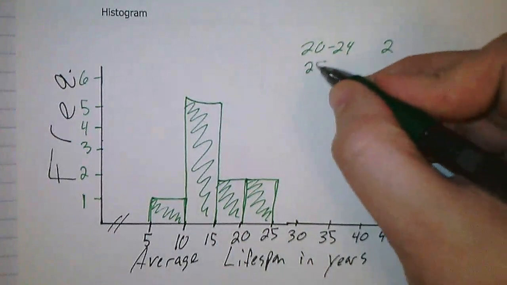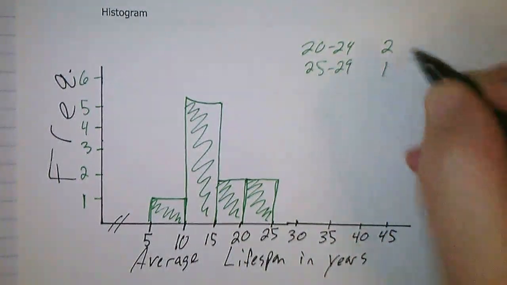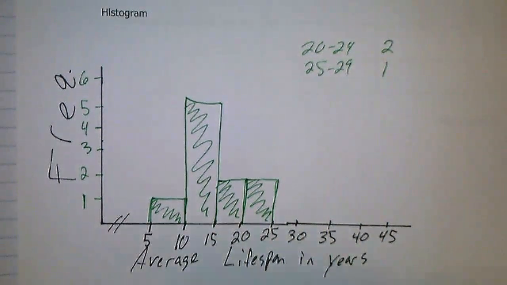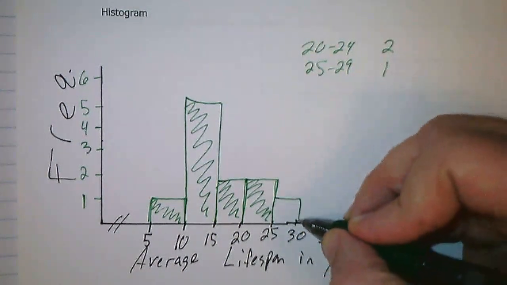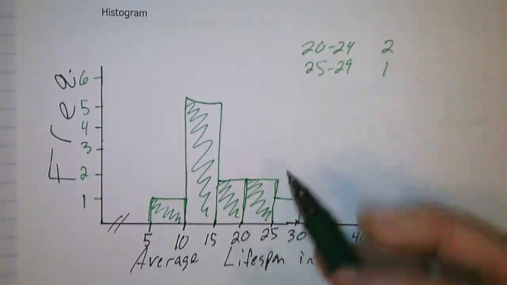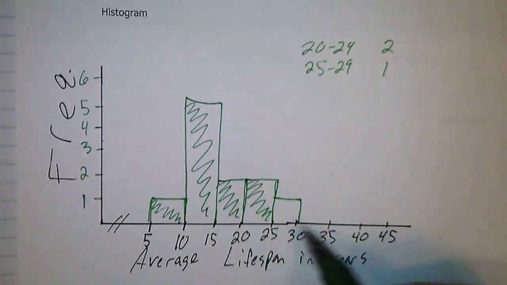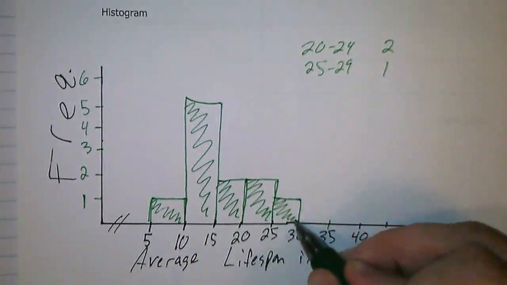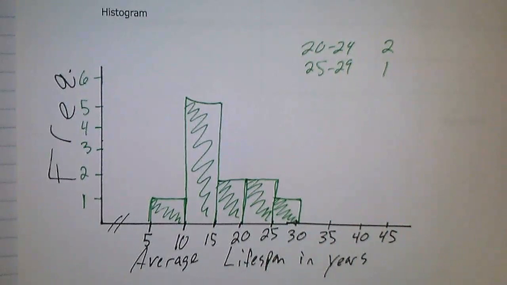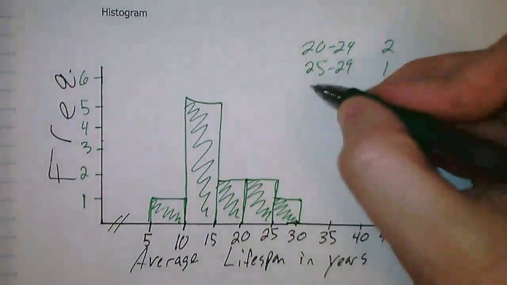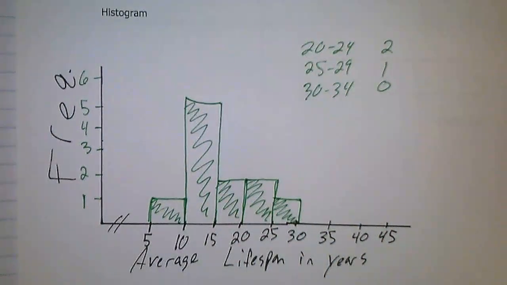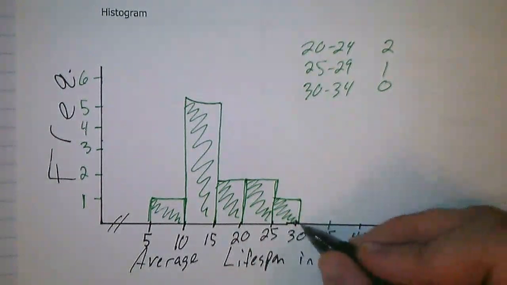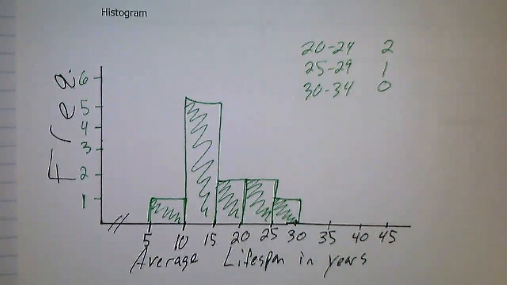Next, we had 25 to 29 with a frequency of 1. So we go like that, touching the bar next to us, stopping. I'll try to go right to the left of 30. From 30 to 34 years, we had 0 animals, so we leave this spot blank.